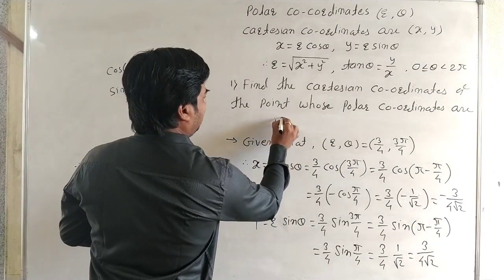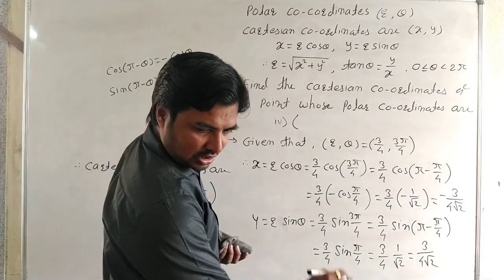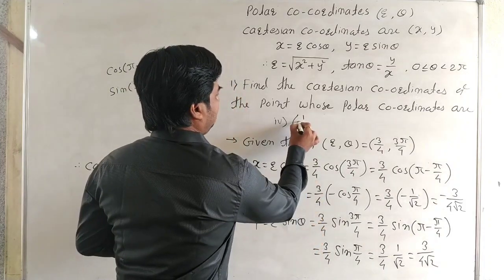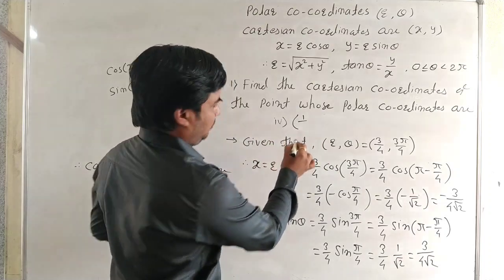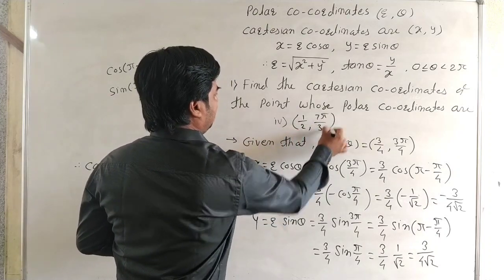It is number 4 and the polar coordinates are 1 by 2 comma 7 pi by 3.